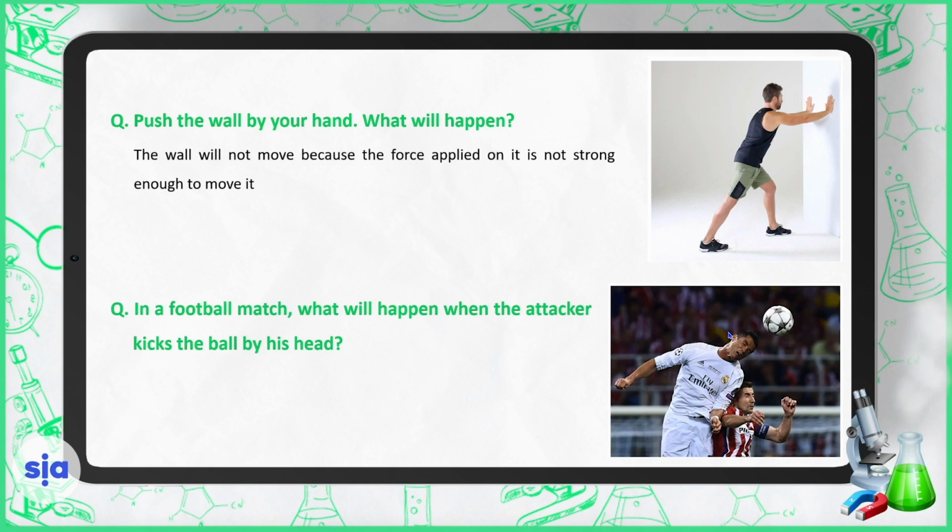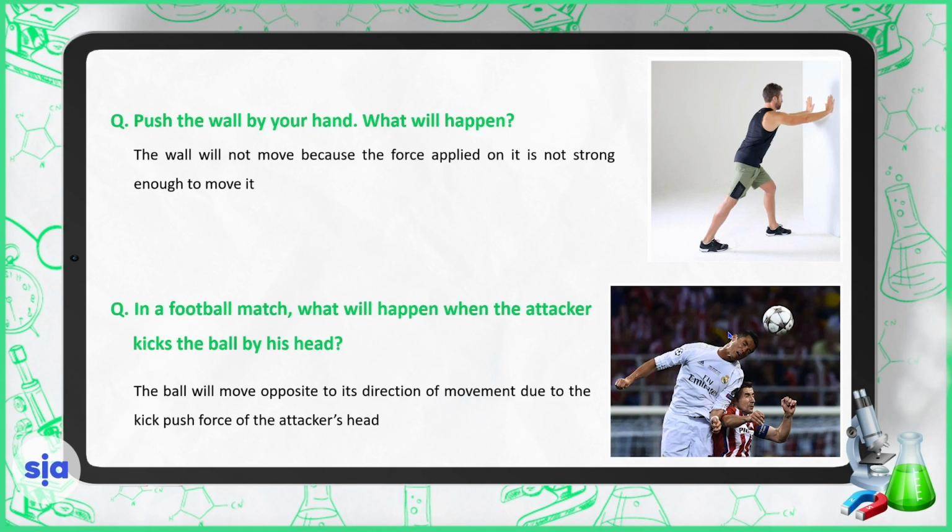In a football match, what will happen when the attacker kicks the ball by his head? I think you guessed it right. The ball will move opposite to its direction of movement due to the kick-push force of the attacker's head. So this means that sometimes the force applied on the object causes the object to change the direction of motion.